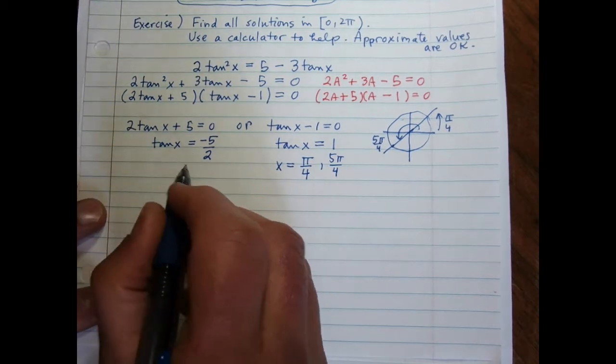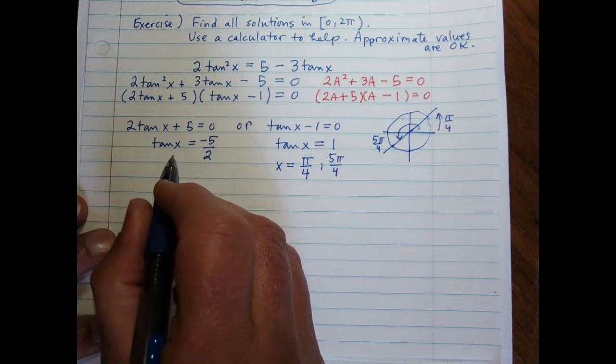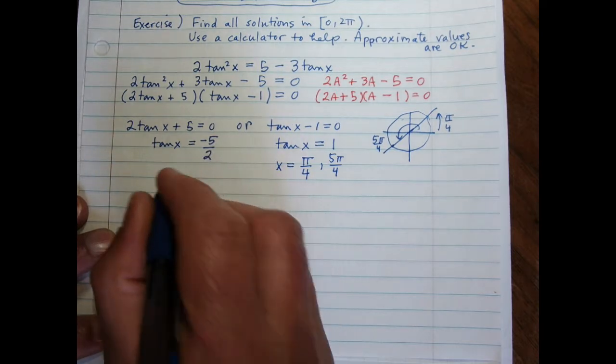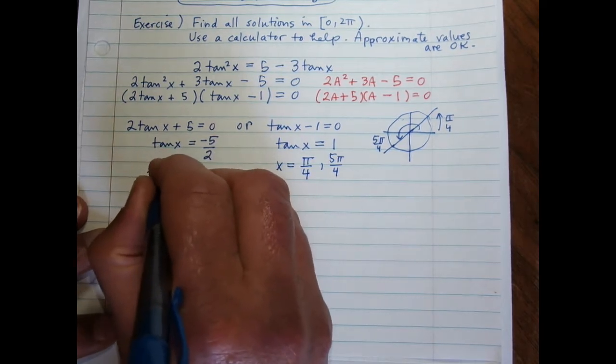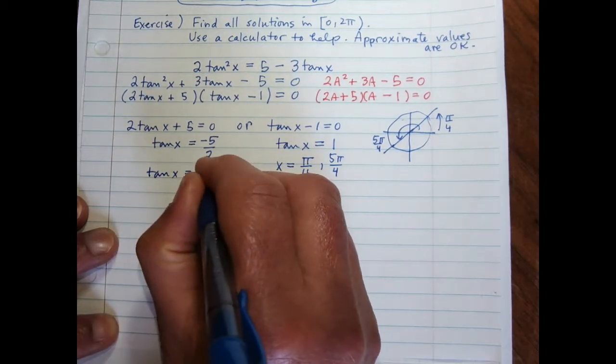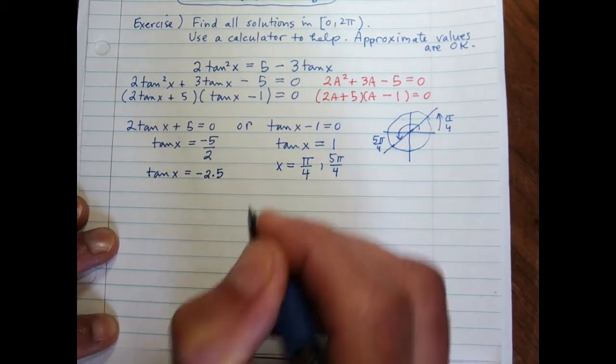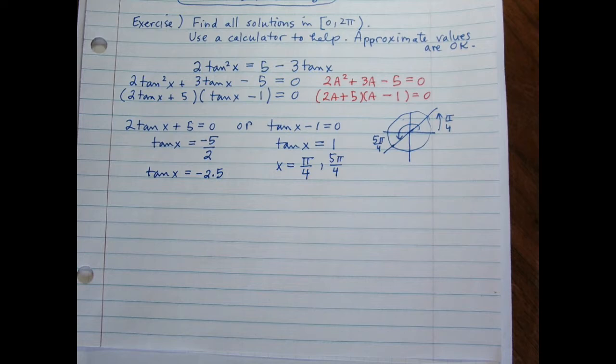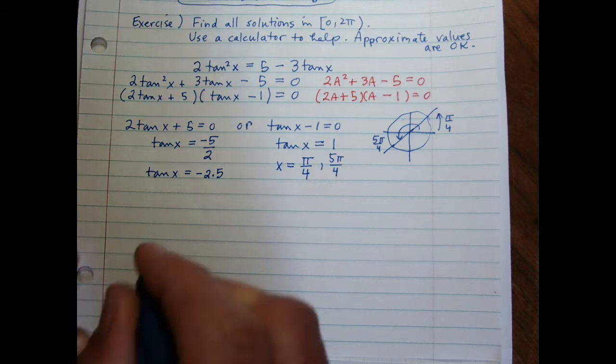But now, what the heck do we get from tan x equals negative 5 halves? That's tan x equals negative 2.5 if you write it as a decimal. We know that's not a value I have off the top of my head, but I can use a calculator.